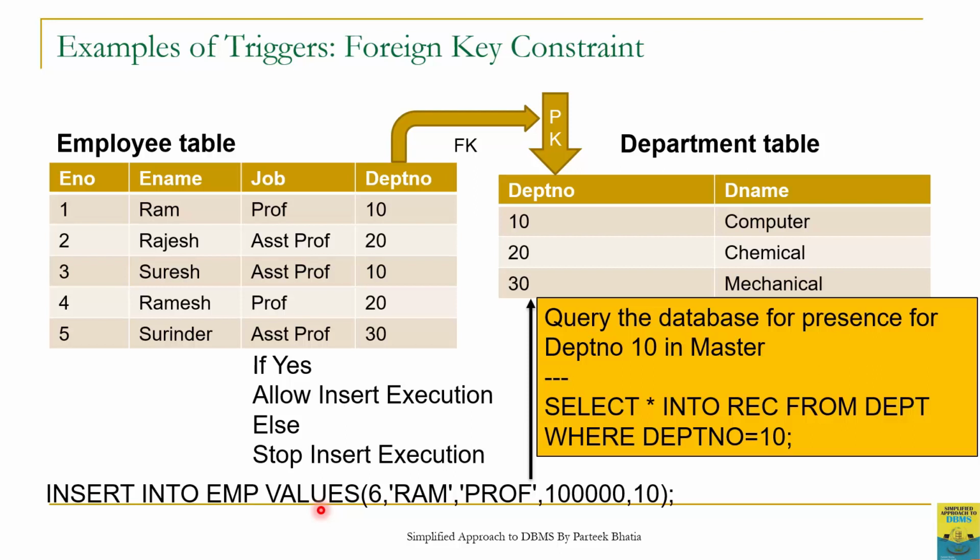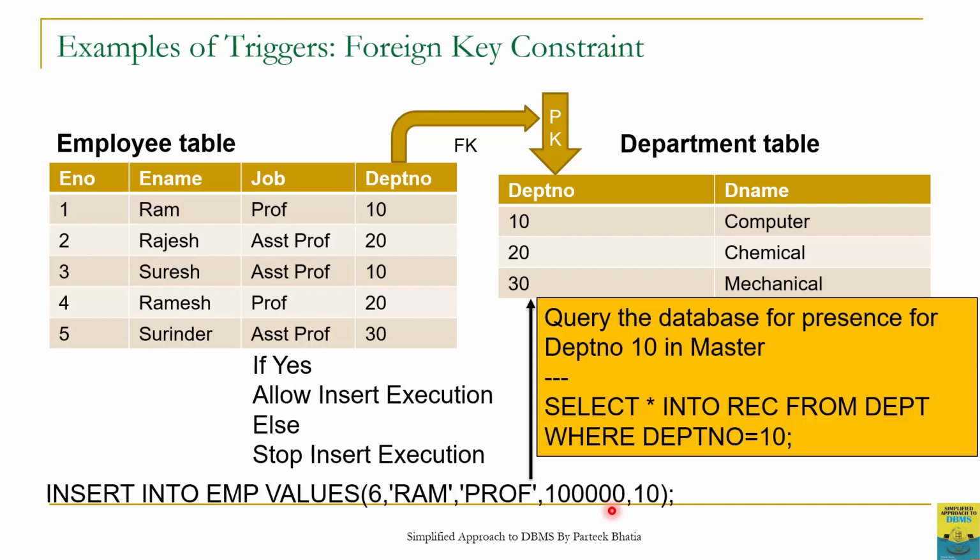So these types of code which are automatically executed by Oracle during execution of an insert statement can be considered as triggers, which are created by Oracle internally when we apply an integrity constraint over a column.